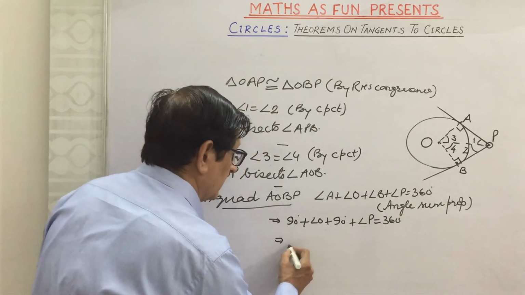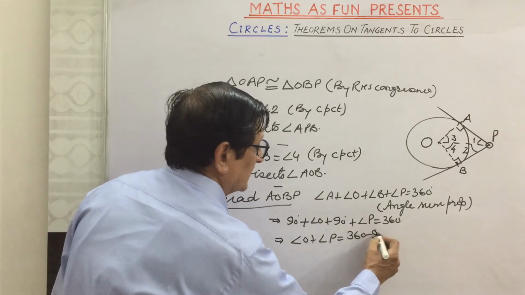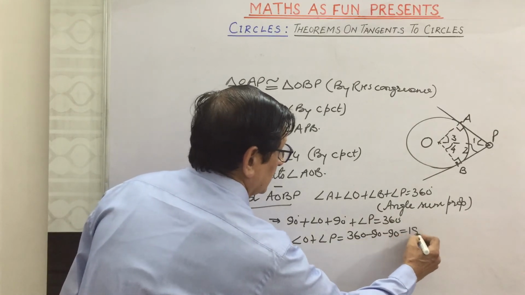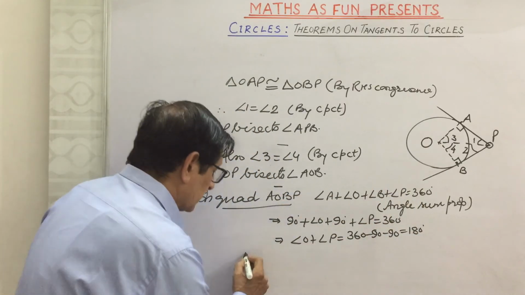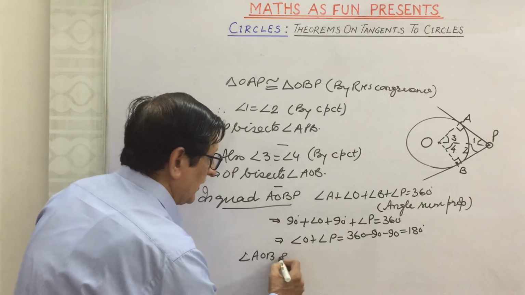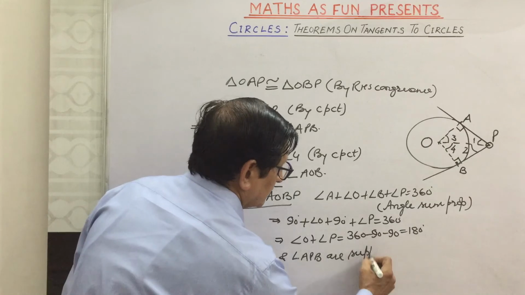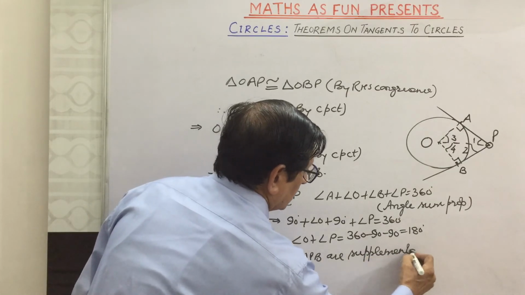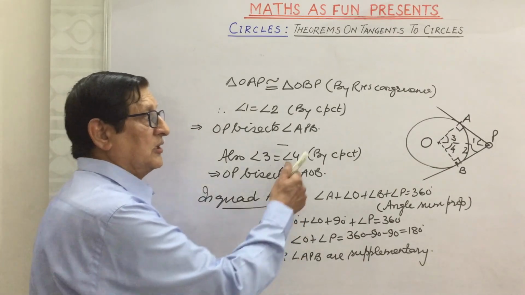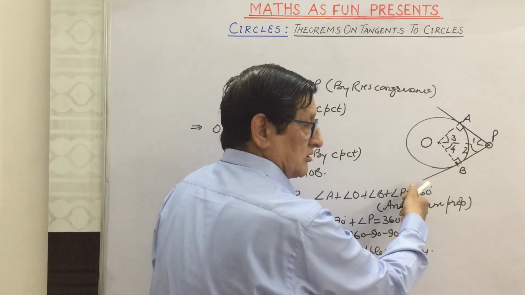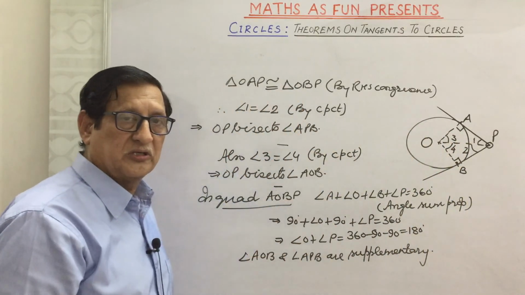So can we say here that angle O plus angle P is equal to 360 minus 90 minus 90, that is 180 degree. It means we can say that angle AOB and angle APB are supplementary. So one more theorem we can learn here, that the angle between the tangents and angle subtended at the center are supplementary to each other.